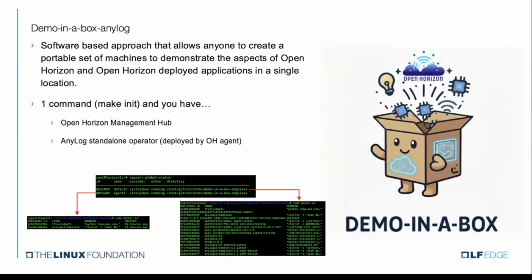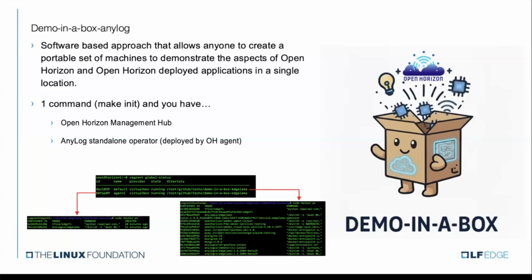It's a software based approach that allows you to create a set of machines, could be one VM that has the Open Horizon Management Hub, and another machine that is an agent that is deployed to and registered to that management hub.